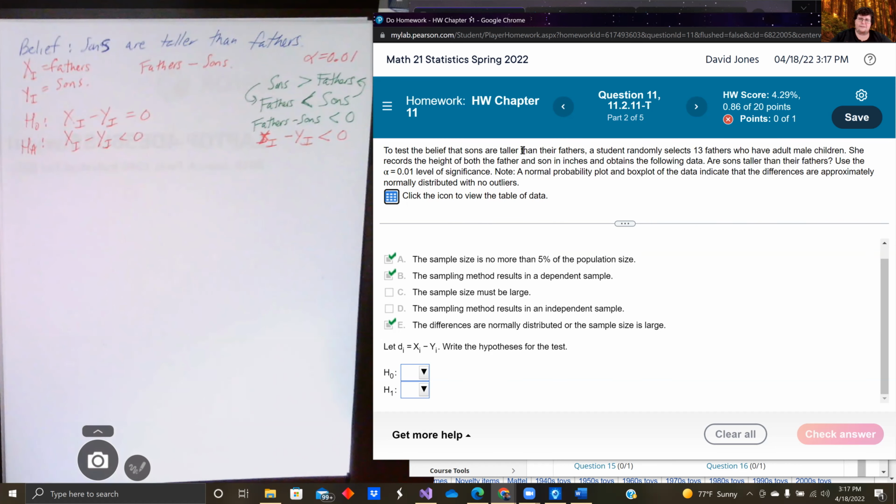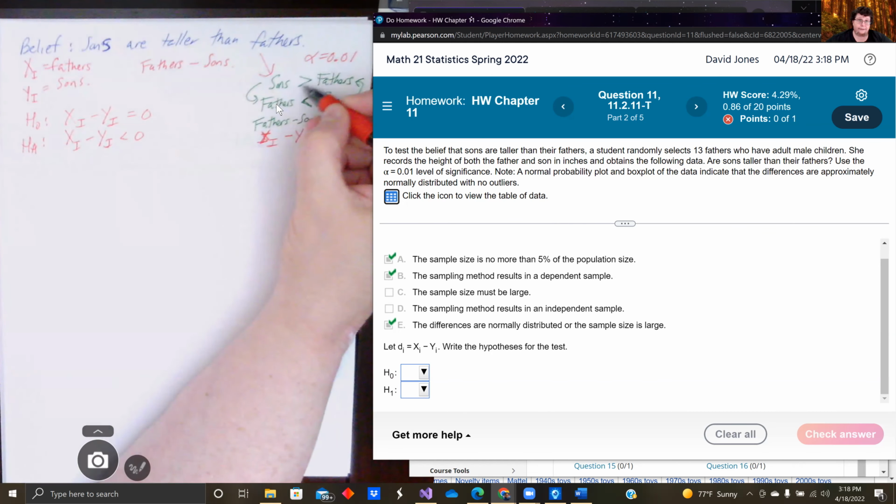Now notice they kind of did it all wonky. The belief is sons are taller than fathers. And then they want us to do fathers as the leading group, which means we have to have a less than sign. I wrote out the sentence in symbols just so I could figure out which way that sign has to go. Because intuitively, taller makes me think greater than, right?